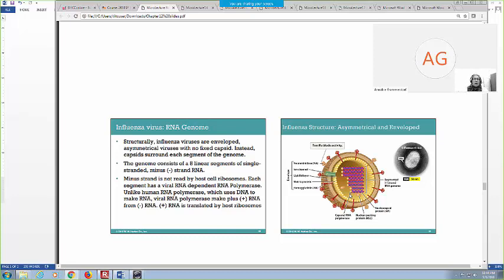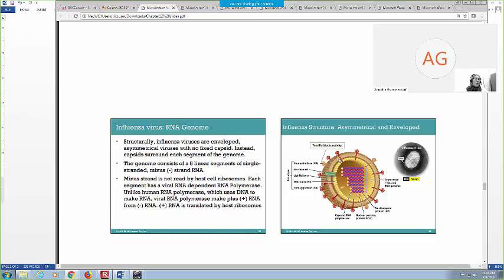Sometimes they result in a virus that no longer can replicate, so even if it gets into a new host cell, if it can't replicate, then it's not going to be causing damage and disease in our body.